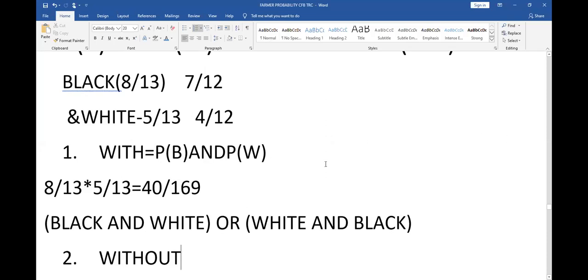So what I've done here in the first method, with replacement, I have picked a black and I've picked a white. Let me come to the second scenario. Second scenario is or I pick a white and a black in that order.